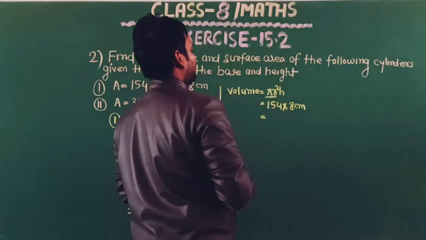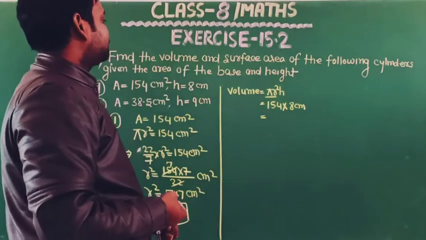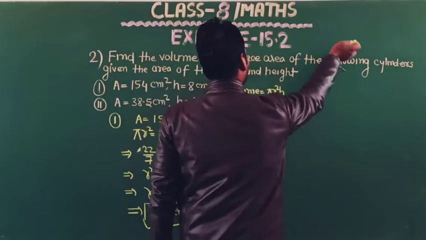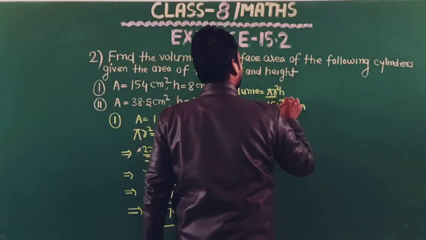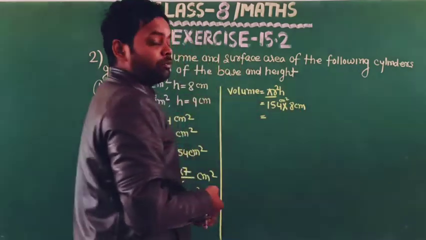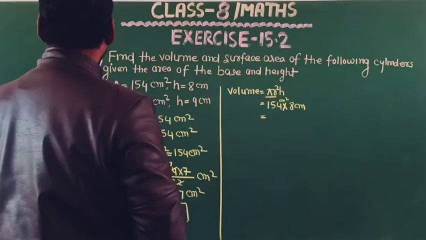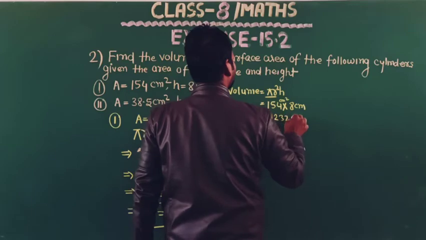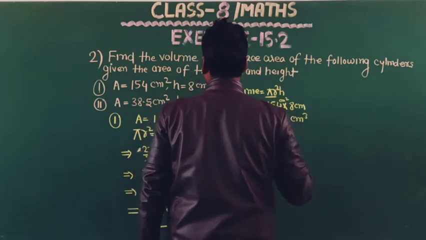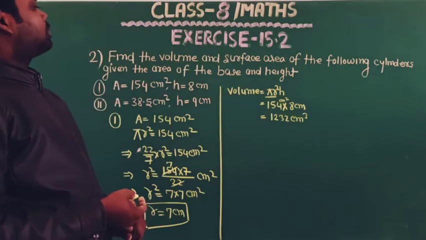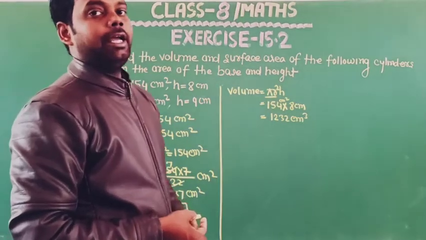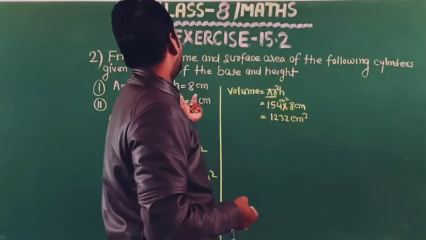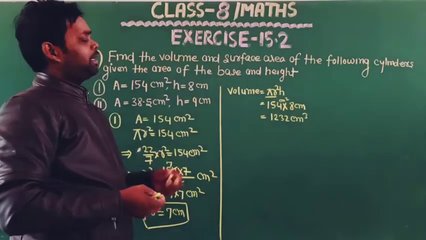Now multiply 154 centimeter square by 8, so we will get 1232 centimeter cube. This is the volume of the cylinder.